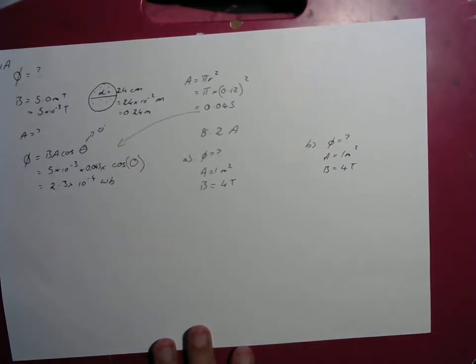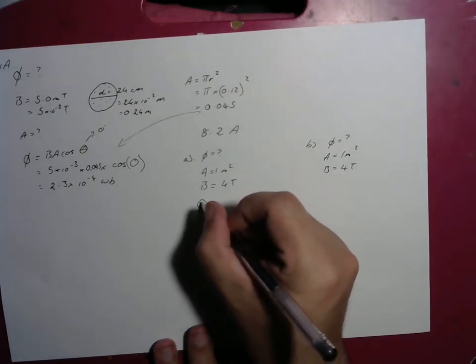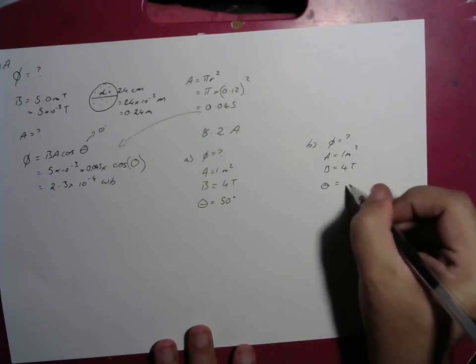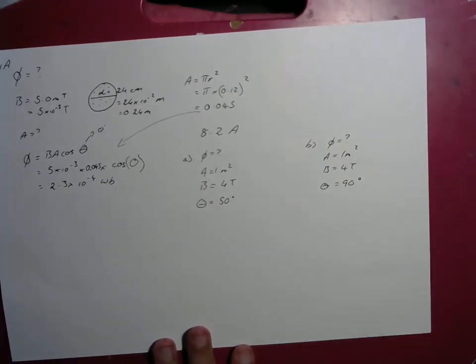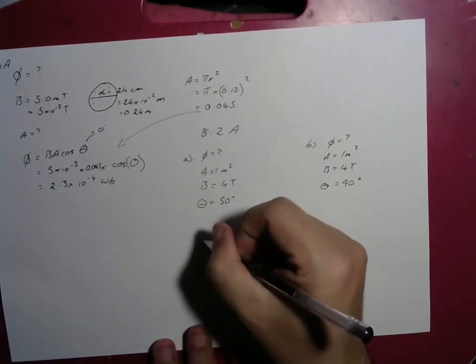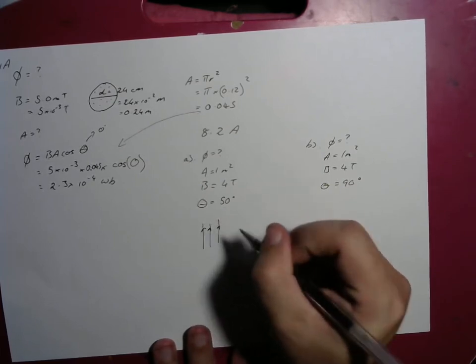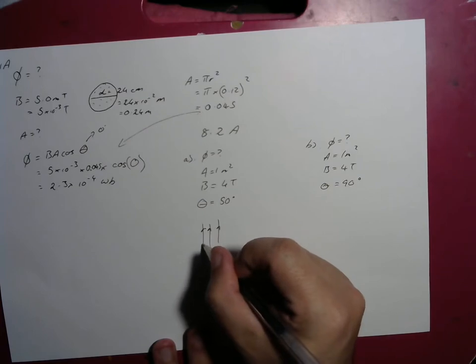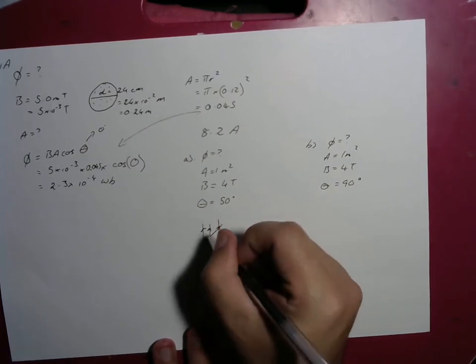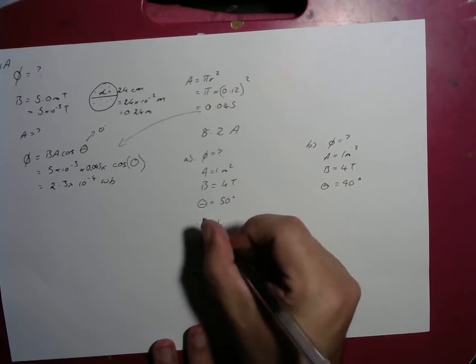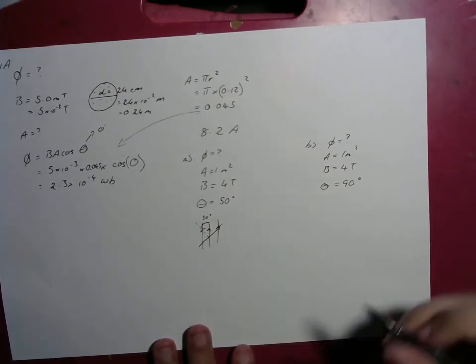And in our two situations, the first has an angle to the field of 50 degrees, and the second one has an angle to the field of 90 degrees. So let's just draw what that would look like. If the field is going this way, then our area, our loop, is something like that. So if I draw the perpendicular vector, this angle here must be 50 degrees.